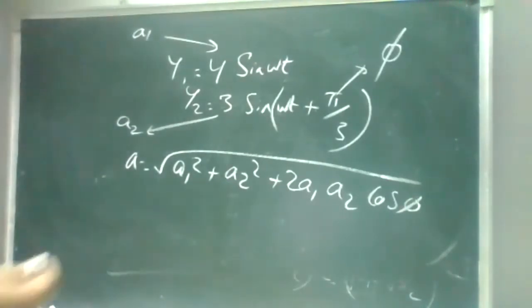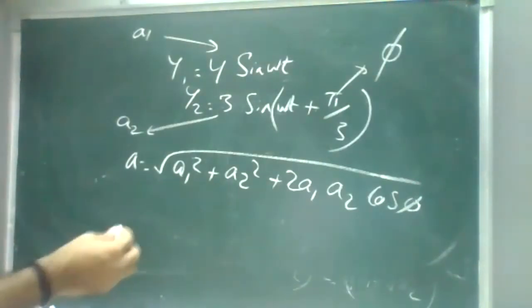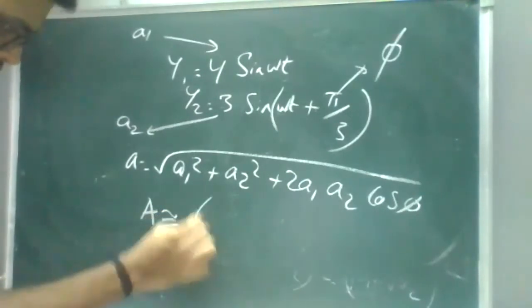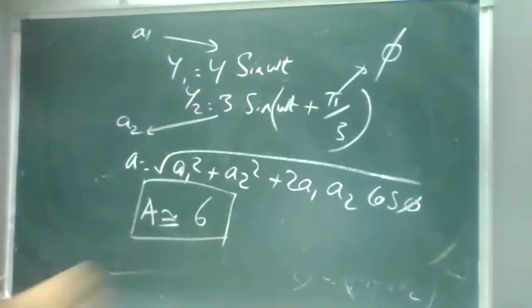When taking the square root and giving an approximate answer, the approximation depends upon the options. So the amplitude is approximately 6. You say 6 square is 36, but the answer will be approximately 6.1. Yes, so we are discussing the approximate value. Rounded off, it is 6. The answer is 6.